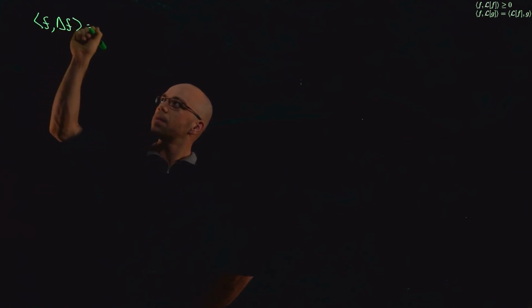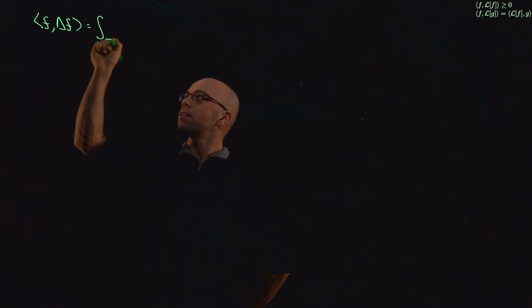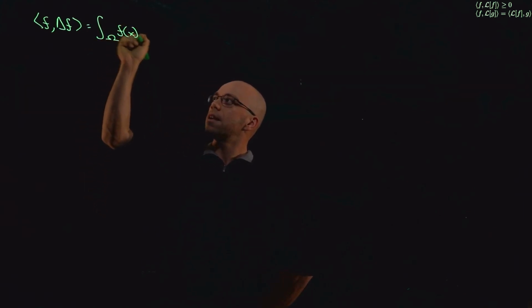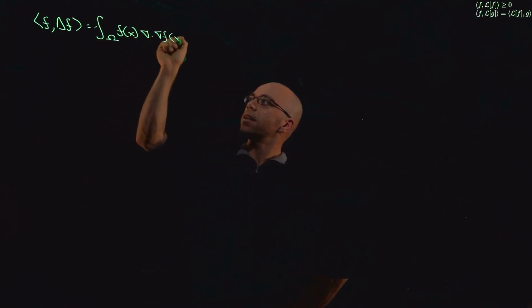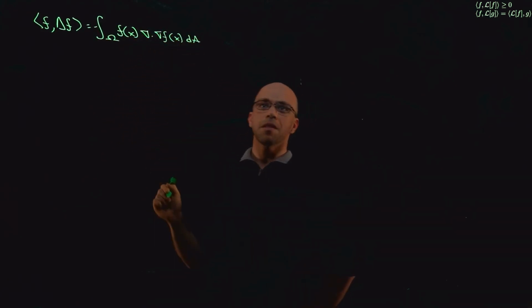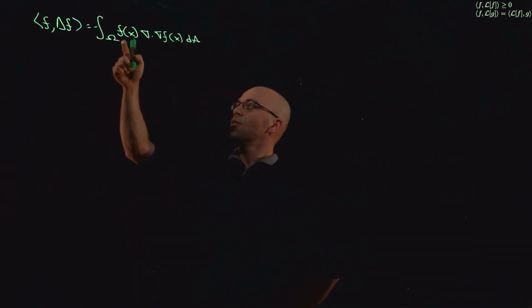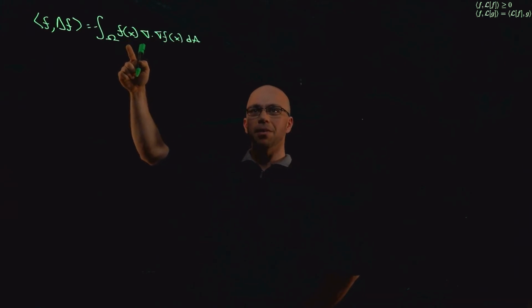Okay, so let's take a look at the inner product of f and our operator applied to f. What is this thing? It's the integral on omega of f of x times minus div of grad of f of x dA. Just as we derived the Dirichlet energy, if we integrate by parts, we get a boundary term. But f is identically equal to 0 on the boundary, so that boundary term is 0.